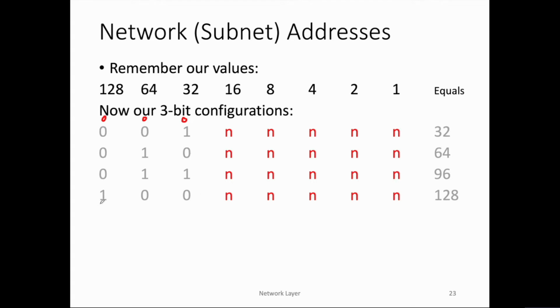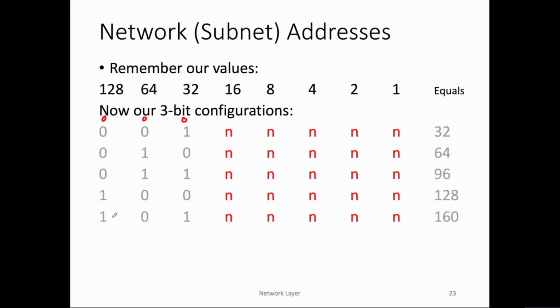This means bit number 128 is on, and the value of the last octet would be 128. The first 3 octets are assigned by my ISP. I cannot change them, and by applying different combinations of the bits borrowed for subnetting, I can have these values: 32, 64, 96, 128, and I'll again add 32 to it.